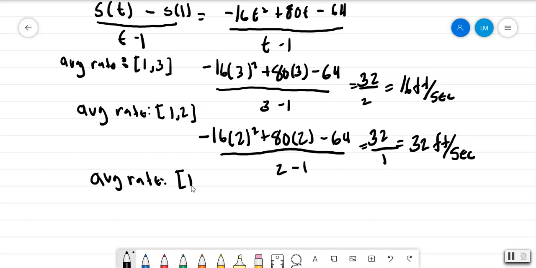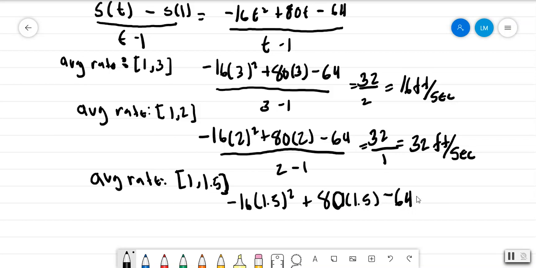and this is for 1 to 1.5, this is still going to be the exact same process. So you're going to have negative 16 times 1.5 squared plus 80 times 1.5 minus 64, and then we're just going to divide this by 1.5 minus 1, which is just a half, so 0.5.